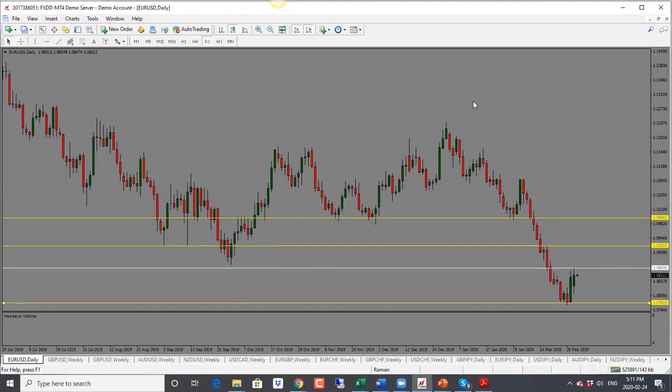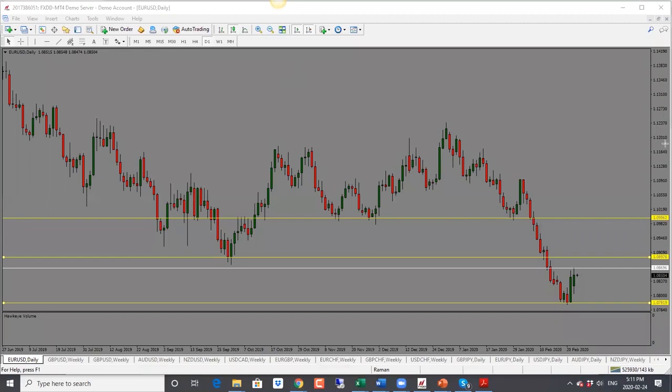What I am going to look at here would be the reaction around 1.0870, basically the high here, or we could see it go all the way into 1.0900. It can pull back, and that would still be a pullback in the larger scheme of things. So we could still get that move. Watch out for that.